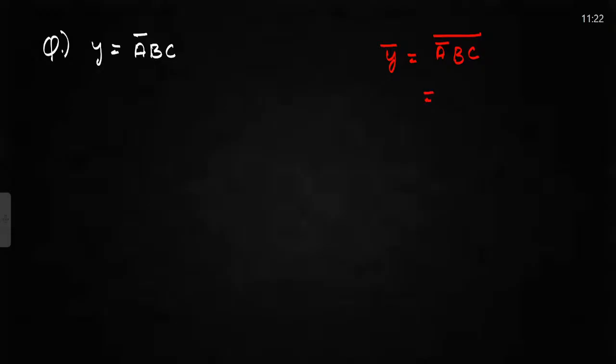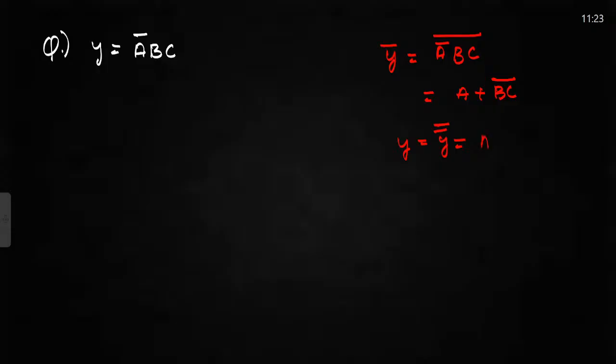You can write it as a plus b bar plus c bar, right, if you apply De Morgan's theorem. So now y is equal to what? If I am eliminating these two, then I will have this one. So A bar and whole bar. So that is what I am having.